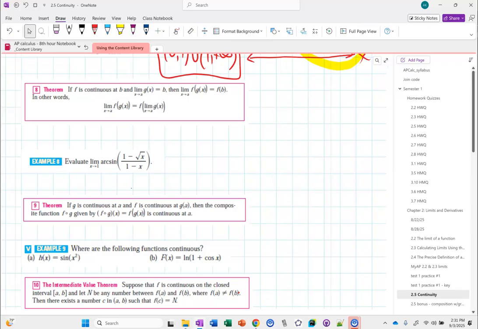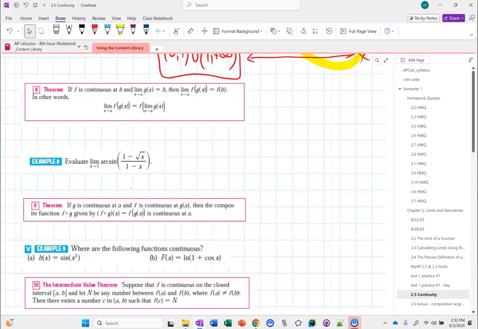We hinted at this way back in 2.2, or 2.3, I don't remember, that I can push a limit inside of a composition. And I said it wasn't always true. Here's the conditions in which it is.